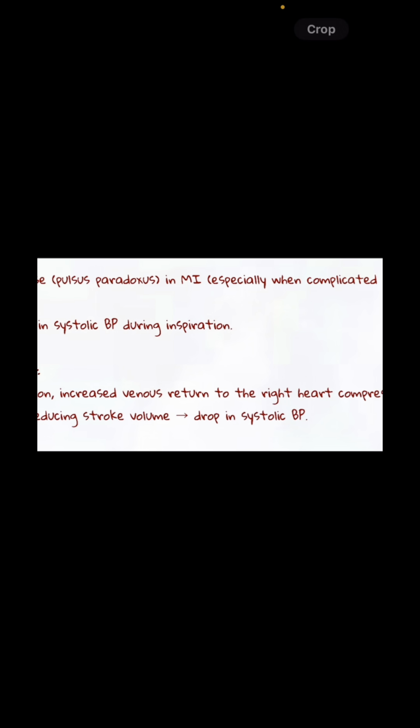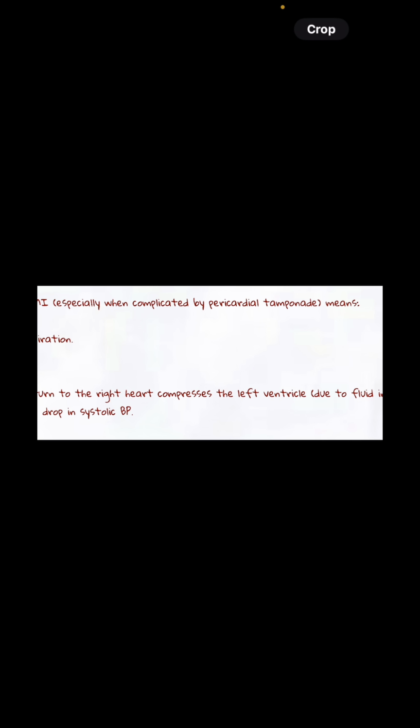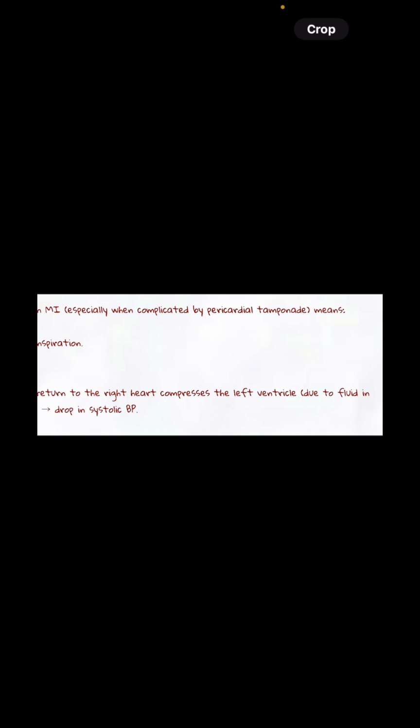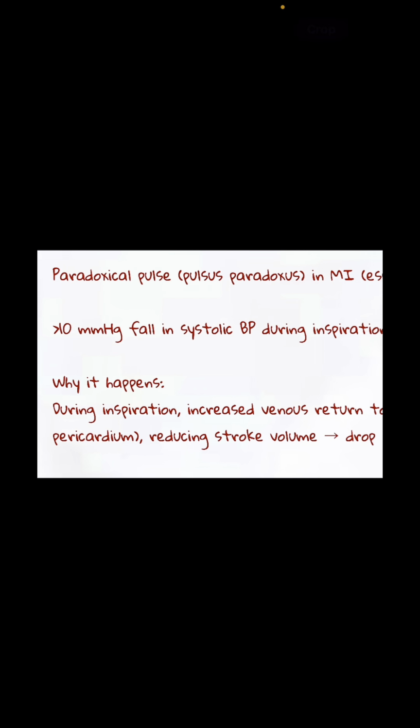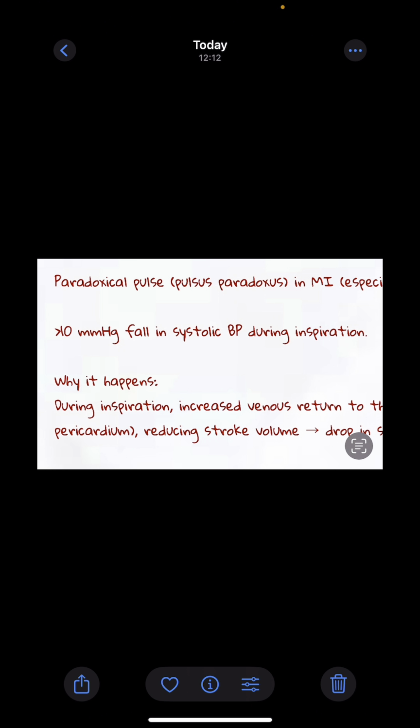Paradoxical pulse, or pulsus paradoxus, in MI is seen especially when it is complicated by other things like pericardial tamponade. Pulsus paradoxus is the condition where there is more than a 10 mmHg fall in the systolic BP during inspiration. Why does it happen, sir?